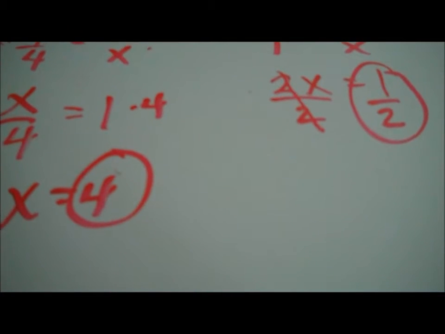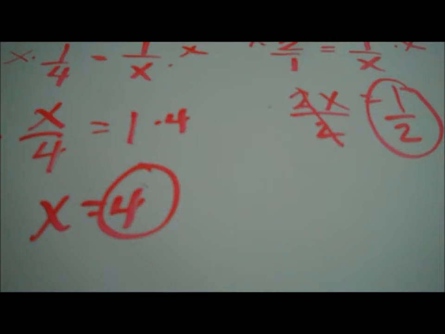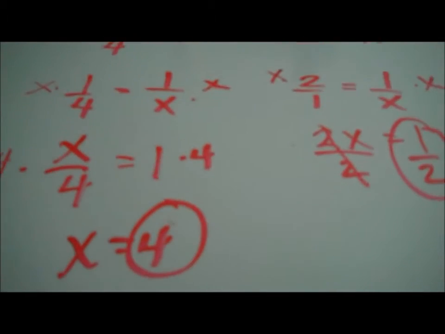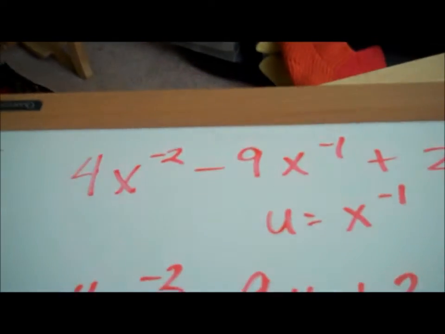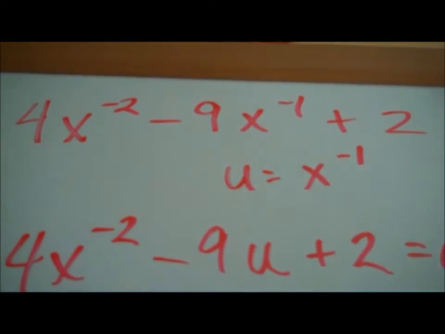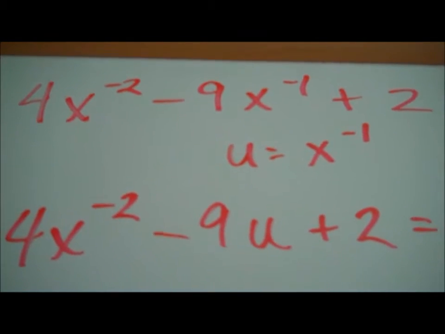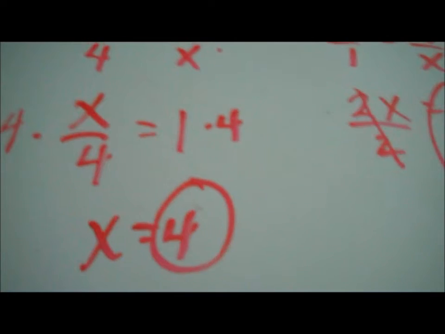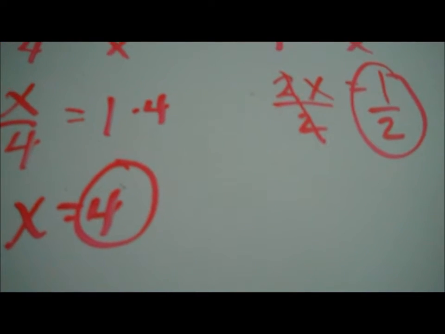Okay, so those are our two values of x, and I have to go back and check my work. So these are the two x values that should work for this. Our original equation was x to the negative 2, so there should be two values in this equation. We need to check to see whether or not these two values, x equals 4 and x equals 1/2, work.